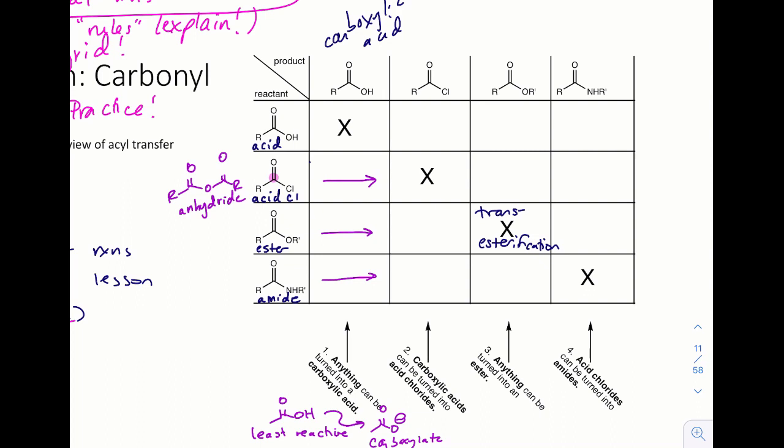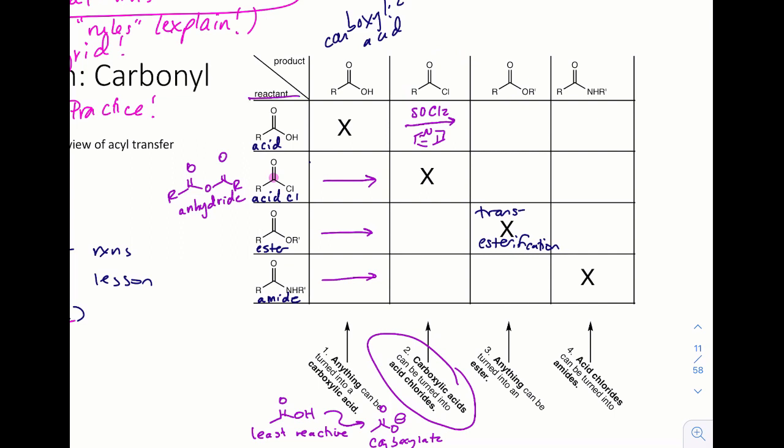Now for acid chlorides, whereas carboxylates are the least reactive, acid chlorides are the most reactive acid derivative. Because of that, we had to do some fancy footwork, and only carboxylic acids can be turned into acid chlorides using a special reagent, thionyl chloride, that converts the carbonyl oxygen into a good leaving group, and you're able to replace oxygen with chlorine, generating the acid chloride.